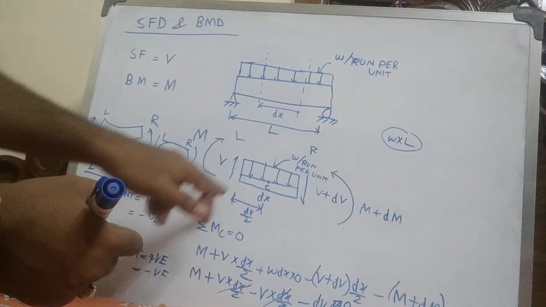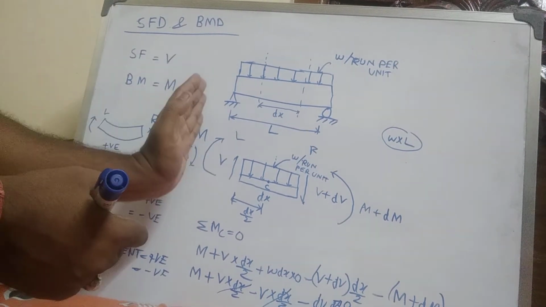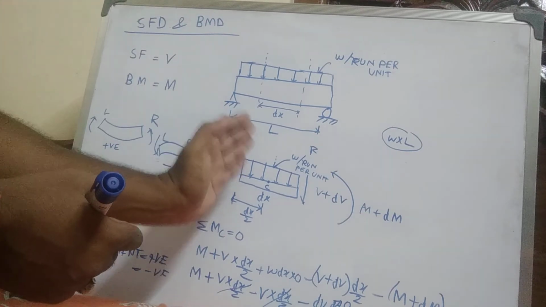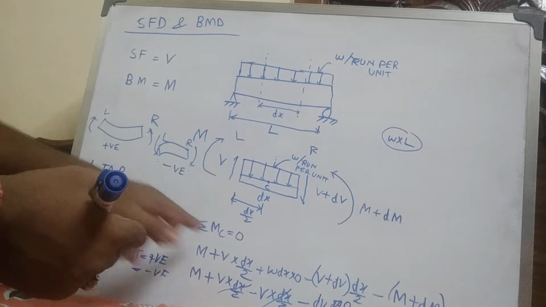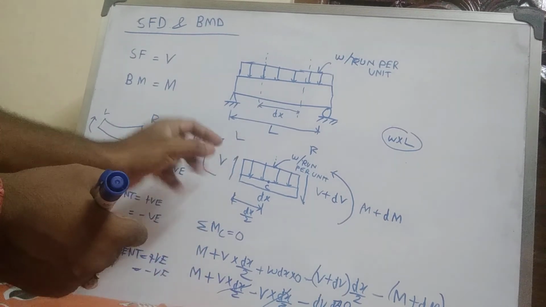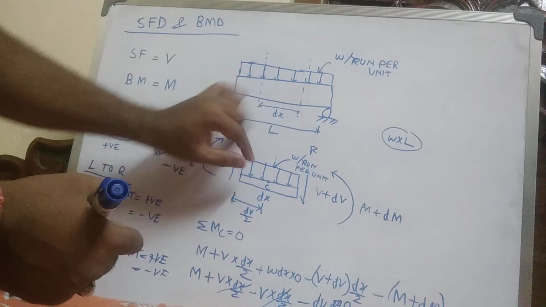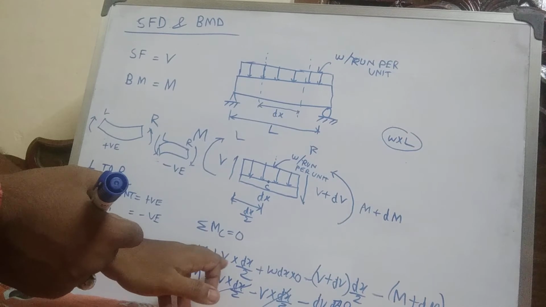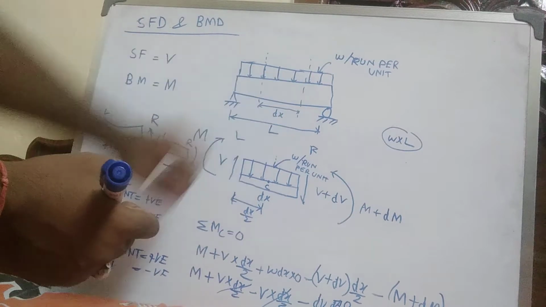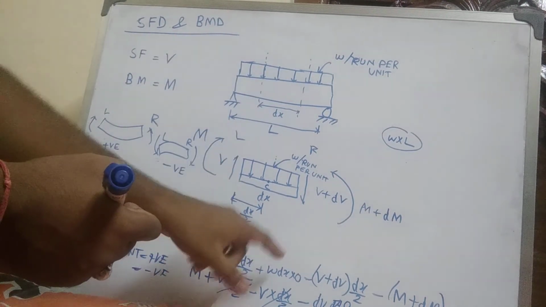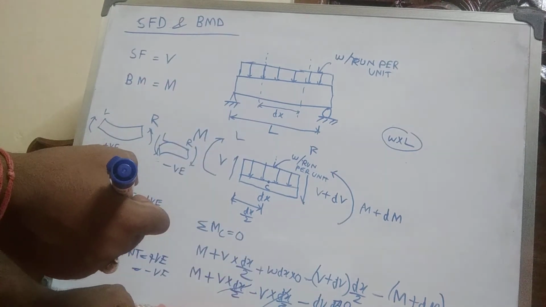Here, first taking moment about point C, on the left side. Clockwise rotation, clockwise moment M is positive, and force into distance dx by 2 has a positive sign. W into dx is the total load, and since it passes through the centroid, the value is 0.